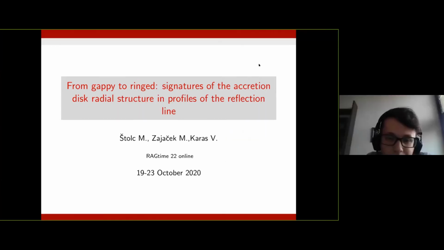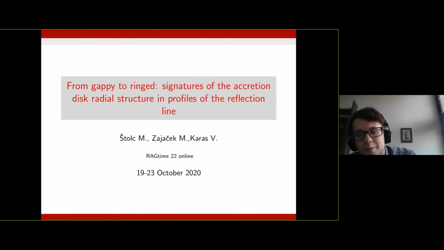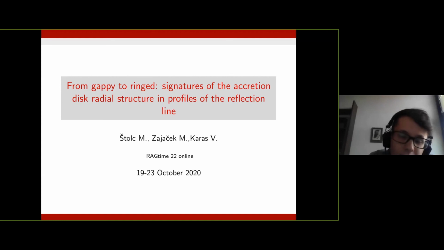I would like to say a couple of words about a project of ours that's about the theoretical study of spectral line profiles of radiation coming from the inner parts of the galactic core.